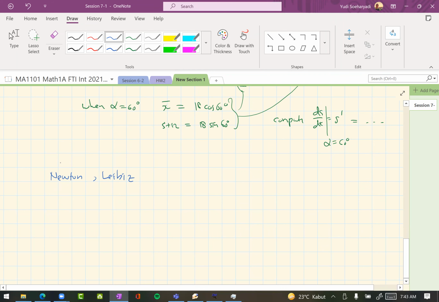Newton was in Cambridge, in the UK, and Leibniz at the time was in, I don't remember, Leipzig, I think, in Germany. Around the same time, 1680 something to early 1700.